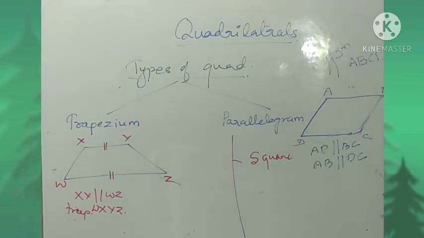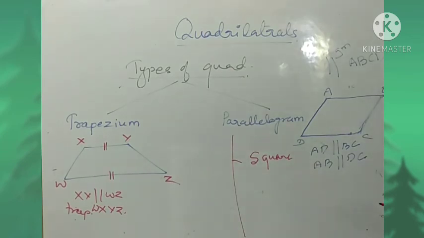Square is a parallelogram in which all the sides are equal and one of the angle is 90. What is a square? Square is a quadrilateral in which all the sides are equal and one of the angle is 90 degree.